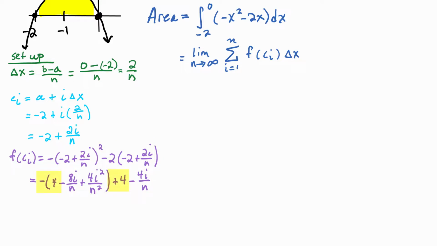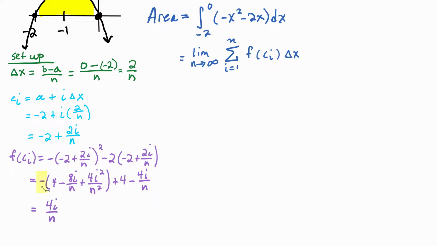Now here you can see we will have a -4 from here and this plus 4 here, and those are going to cancel out. We will have a positive 8i over n minus 4i over n, so that's going to be positive 4i over n.